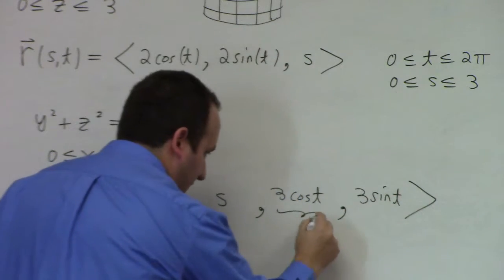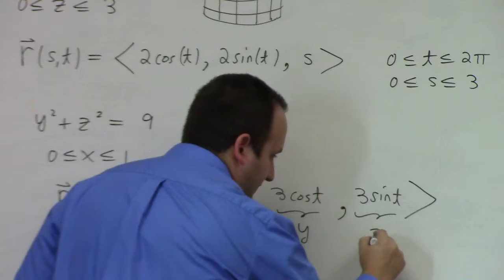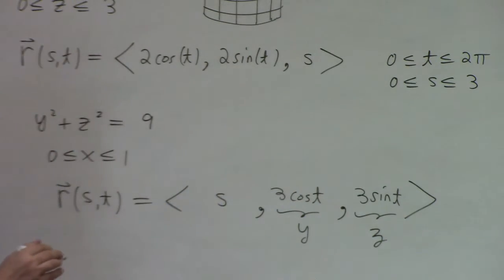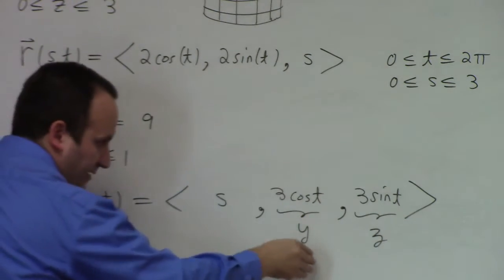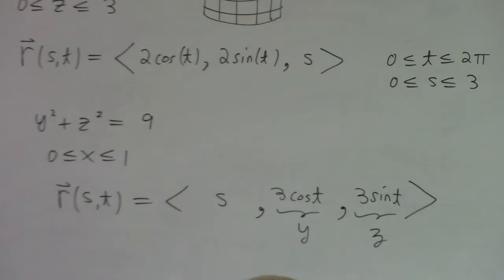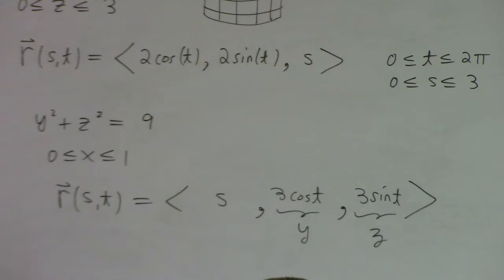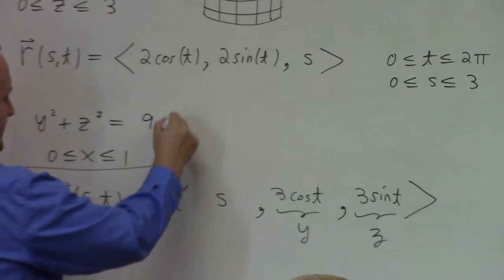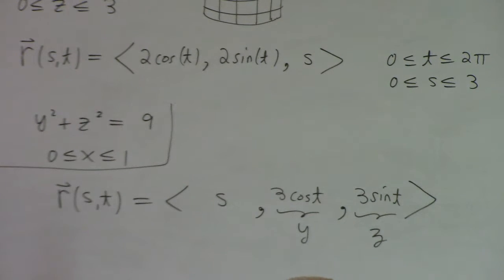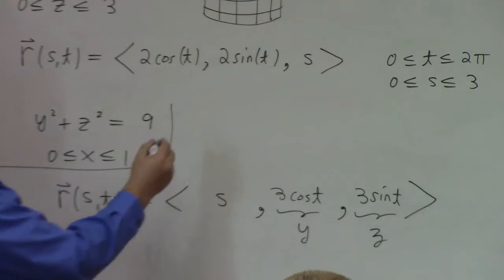So if this is y, and if this is z, right? If you calculate this squared plus that squared, you get 9 times sine squared plus cosine squared, which is 9. So it solves the given equation. So again, the problem statement is this. Here's a surface presented as a level surface. Find the parameterization, okay? That's the problem we just did.